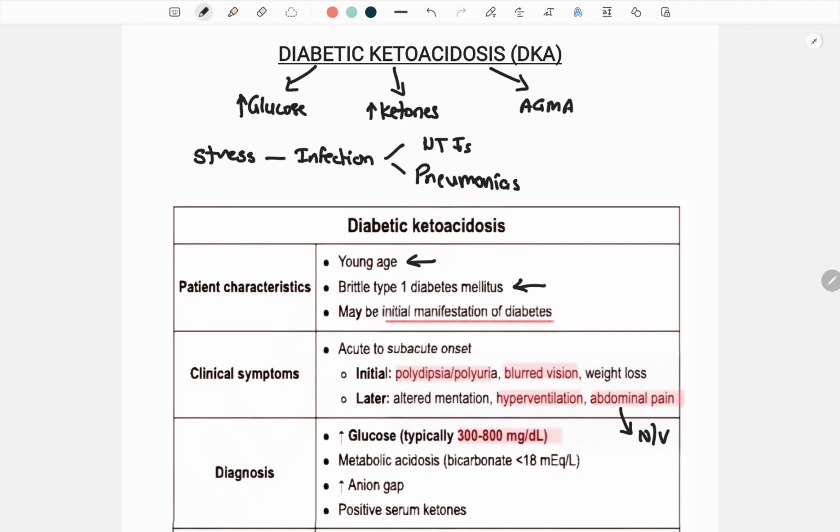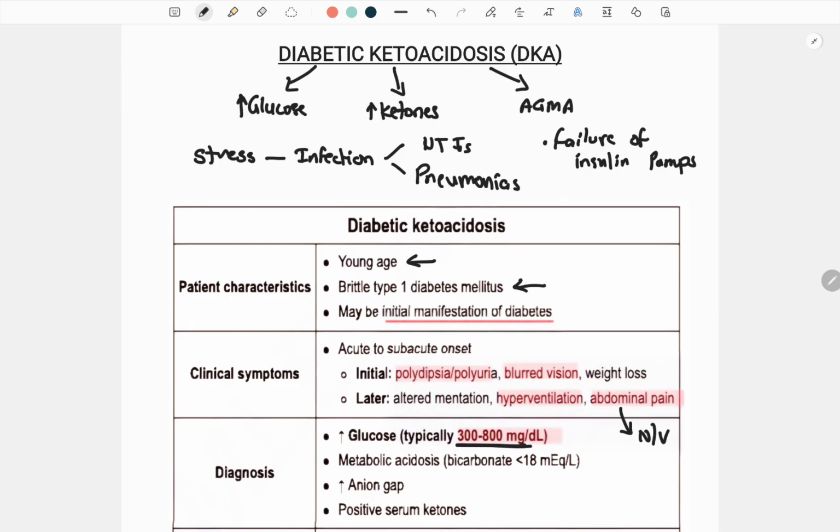The other reason for DKA could be failure of insulin pumps. And certain medications such as corticosteroids and SGLT2 inhibitors can also precipitate diabetic ketoacidosis, and sometimes it could be idiopathic.